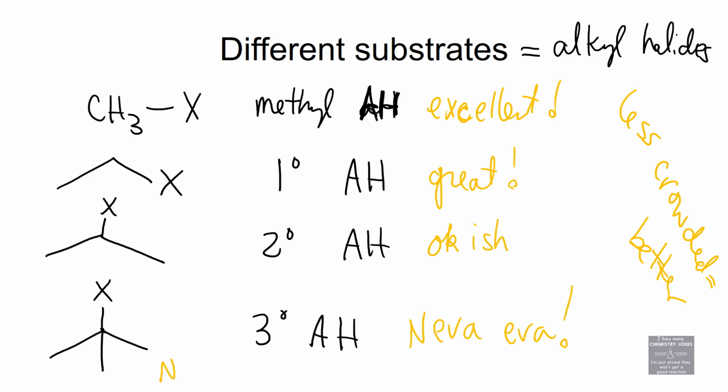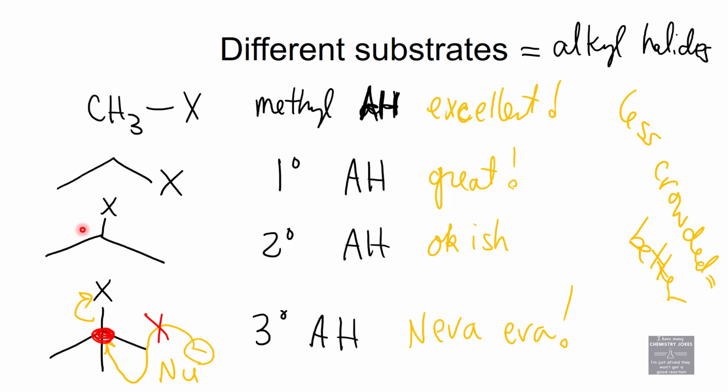And a tertiary is so crowded on the backside that the nucleophile cannot get to where it needs to go. That nucleophile cannot do a backside attack. So we want less crowded substrates because they're faster. Methyl is the fastest, primary is next, and secondary is the slowest with SN2.